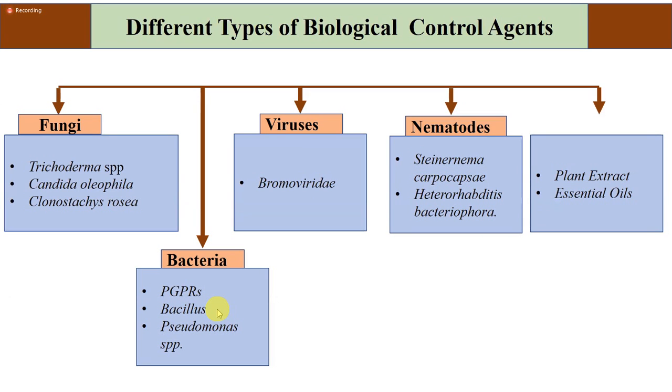Most fungi behave in a friendly way towards other organisms, and also viruses, nematodes, bacteria, plant extracts and essential oils work as biocontrol agents, used for controlling disease in pre-harvest and post-harvest fruits. So these can be used as biocontrol agents.